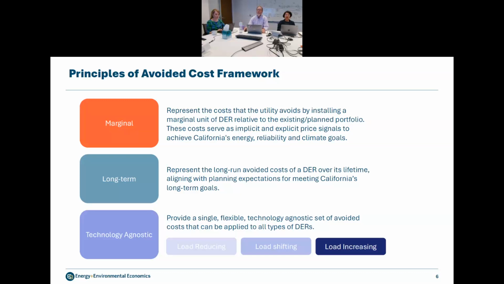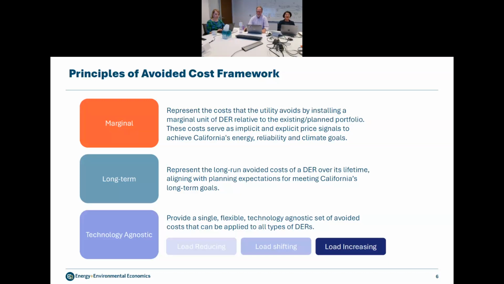Together, this cost should serve as implicit and explicit price signals to achieve California's long-term goals like energy reliability and GHG reduction. And the second principle of the avoided cost framework is that it should represent a long-term value. So we're calculating the long-run avoided cost of a DER over its lifetime. In this case, it will be 30 years for each ACC cycle. And then also, these avoided costs should really be aligned with the long-term planning expectation for meeting California's long-term goals.